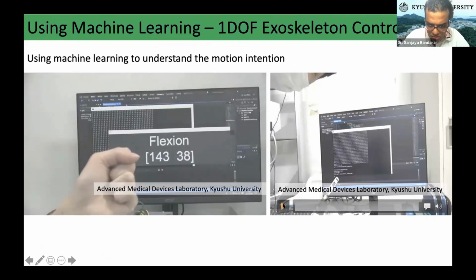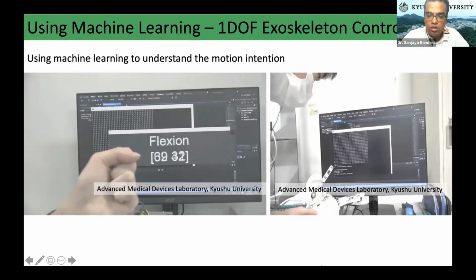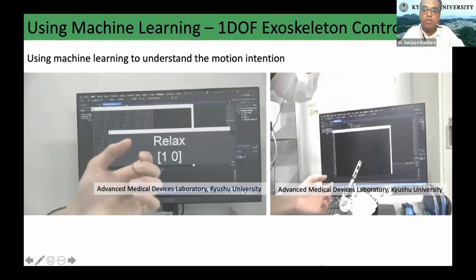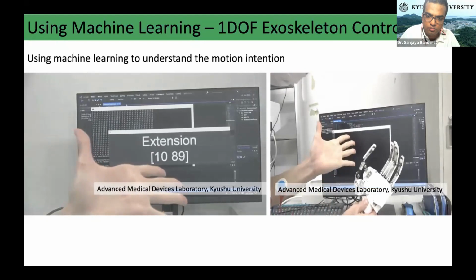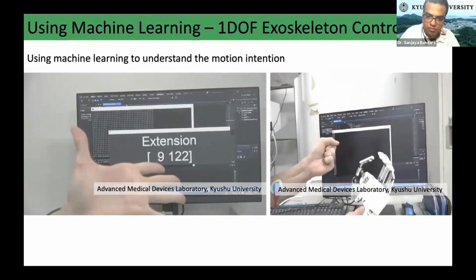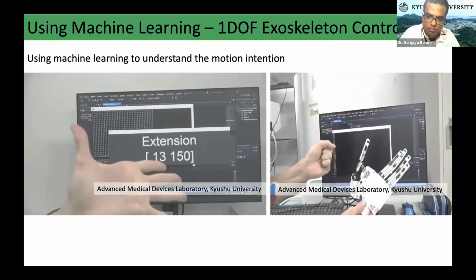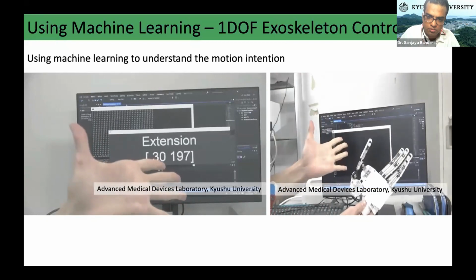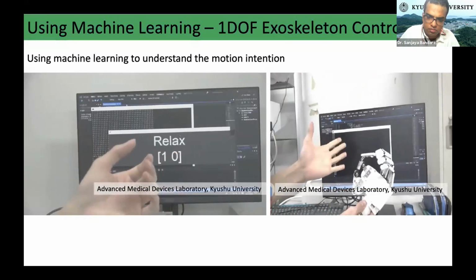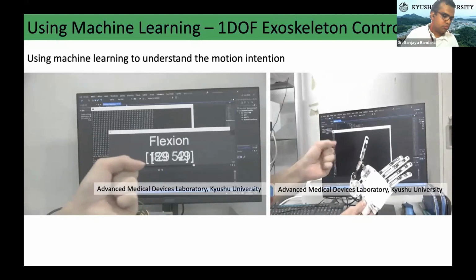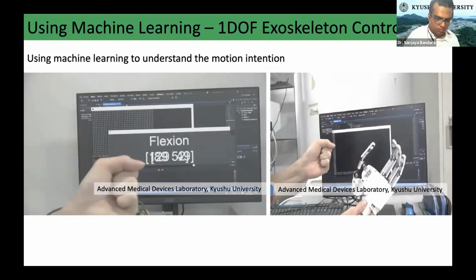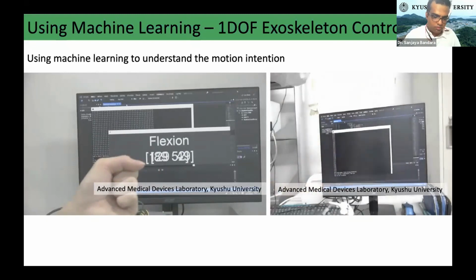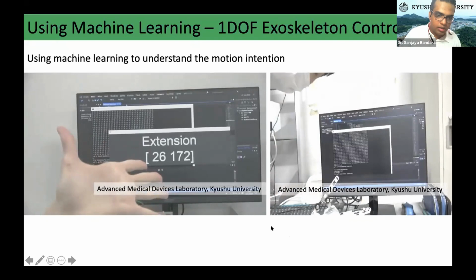Right, so this is the actual control of the robot. Okay, so let me move forward quickly.